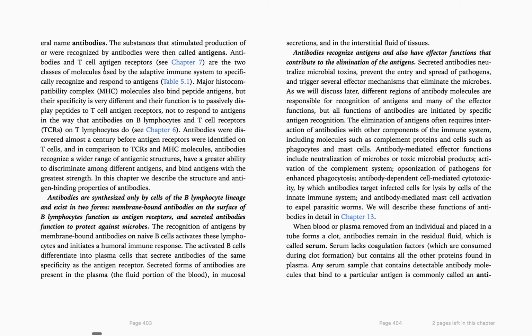Antibody and T-cell antigen receptor are the two classes of molecules used by the adaptive immune system to specifically recognize and respond to antigen.